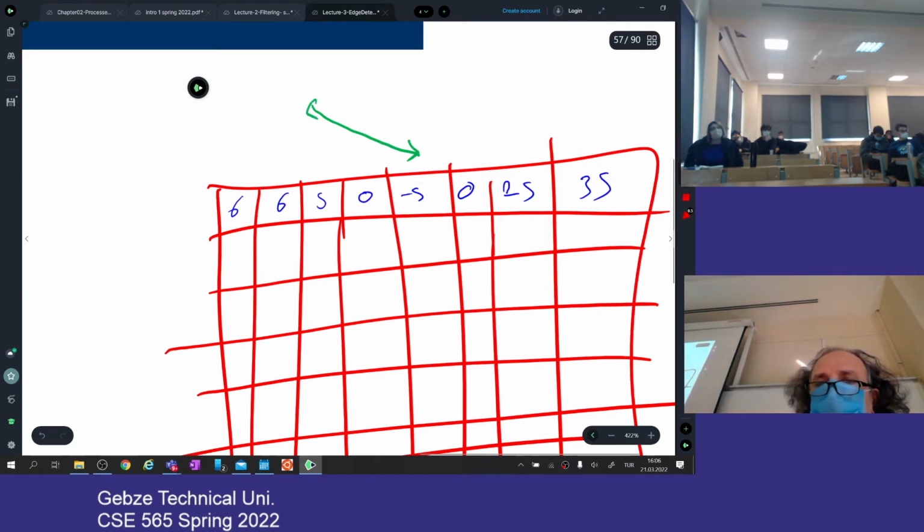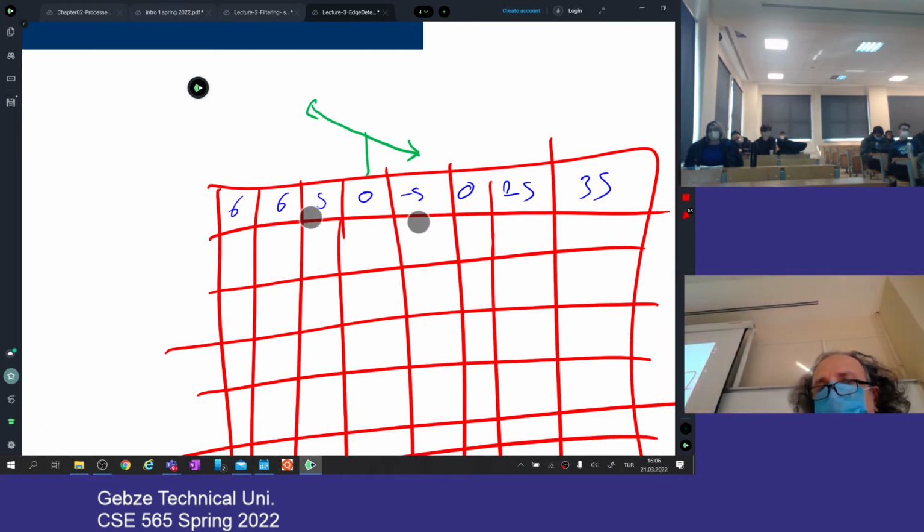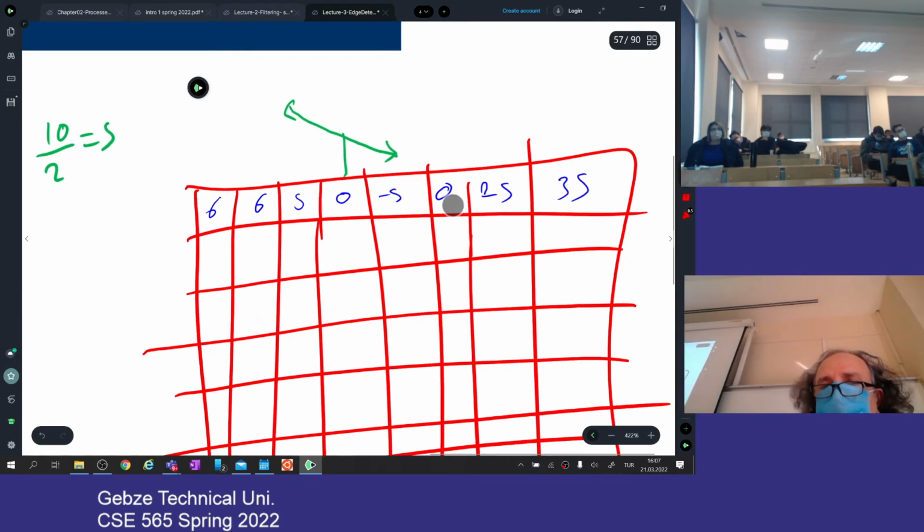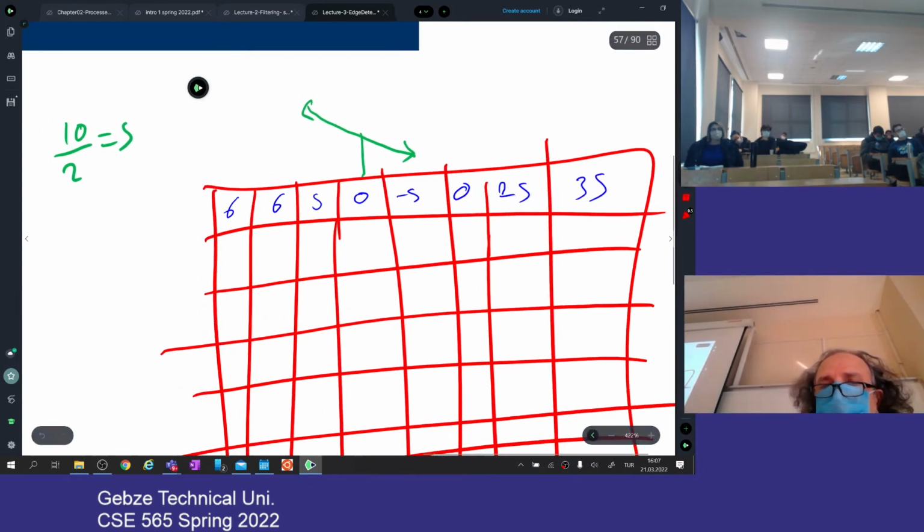Okay, is there an edge here? I will make a decision by looking at the slope. From plus 5 to minus 5 in just 2 steps, so it is like 10 over 2, right? So its slope is 5. And then here from minus 5 to 25, a very steep edge maybe.